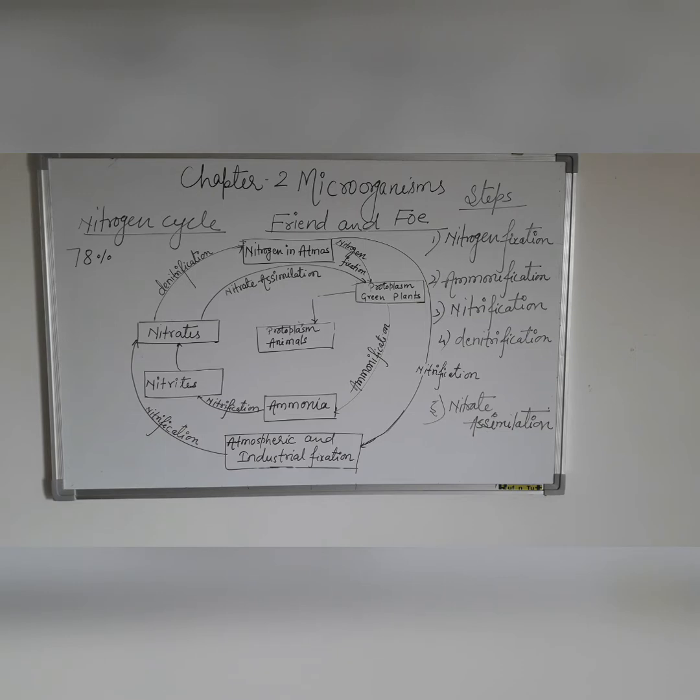In the earth crust or in soil, nitrogen occurs in combined form of nitrate ions, nitric acid, nitrites, nitrates and ammonia.